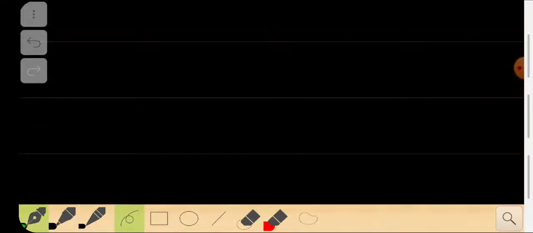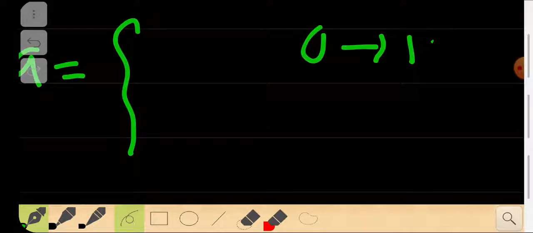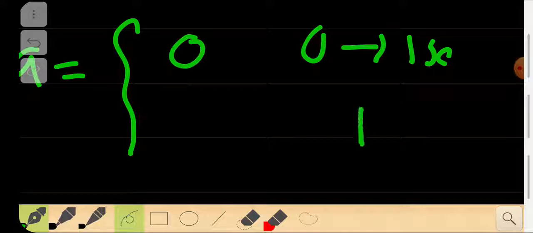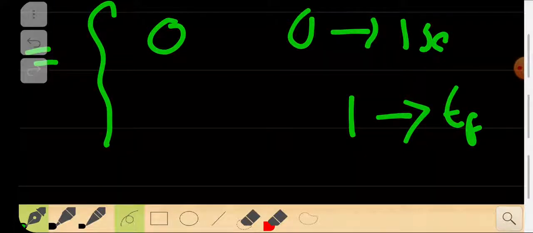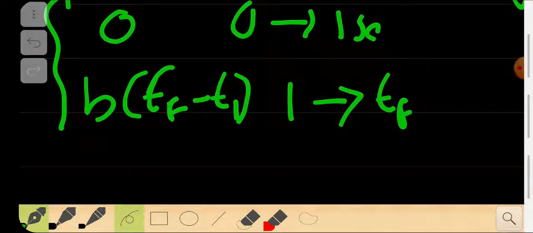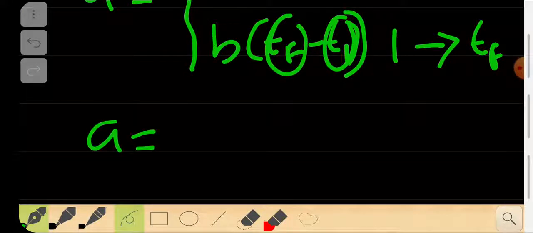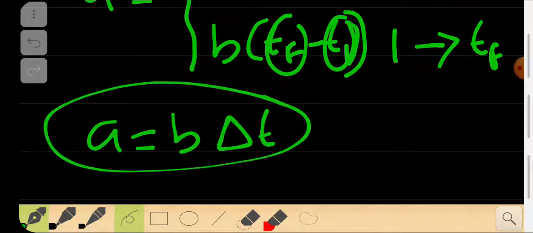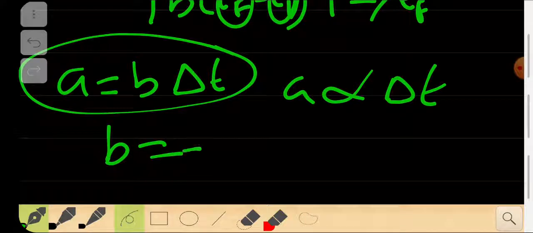From 0 to 1 second, the acceleration is 0, and afterwards, from t1 to t final, the deceleration will be b times (t final minus t1). So the deceleration is proportional to delta t, a is proportional to delta t, and the value of b is minus 6, so it's decreasing.